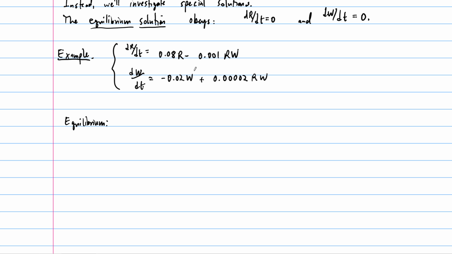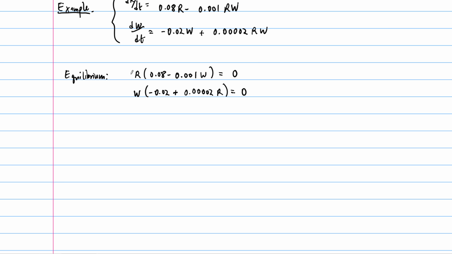So we can factor out an r. And in this equation, we can factor out a w. So the two equations are going to be r times (0.08 minus 0.001 times w) should be equal to 0. And the next equation is going to be w times (negative 0.02 plus 0.00002 r) should be equal to 0.